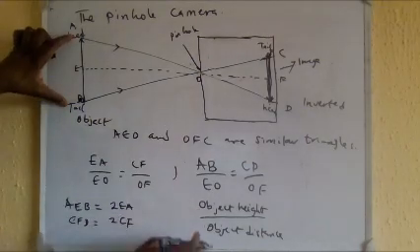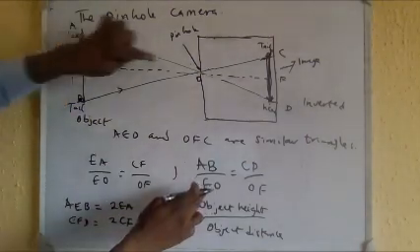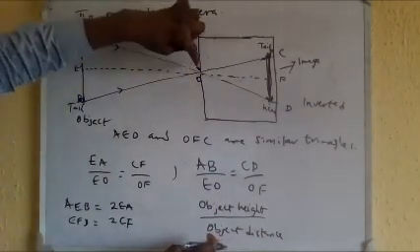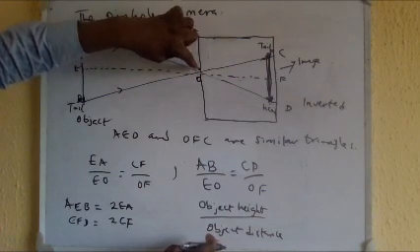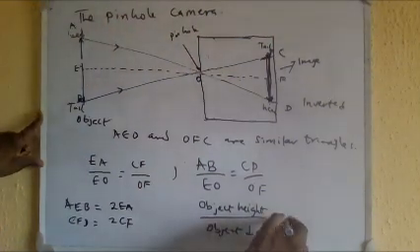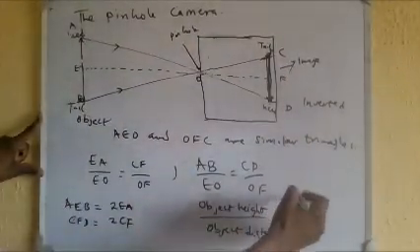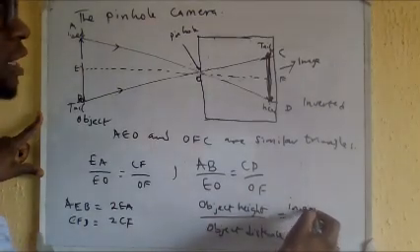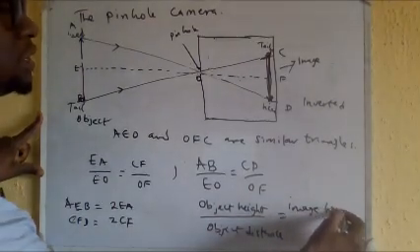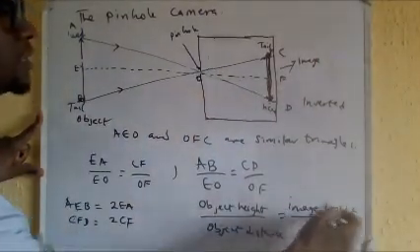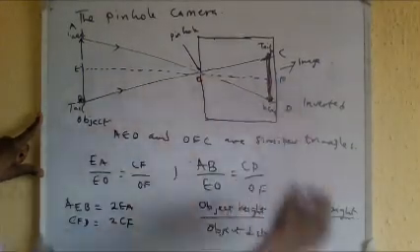Then EO is the object distance between this object and where the pinhole starts. Okay, so it's equal to, then CD is the what? Image height. CD is the image height. The image is formed. And OF is the image distance.